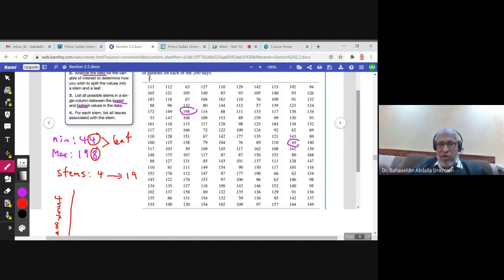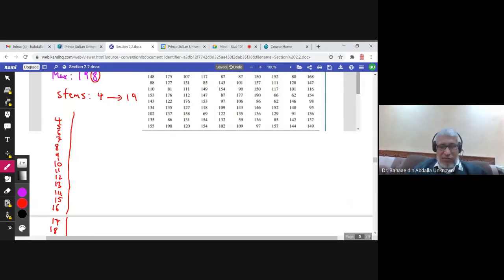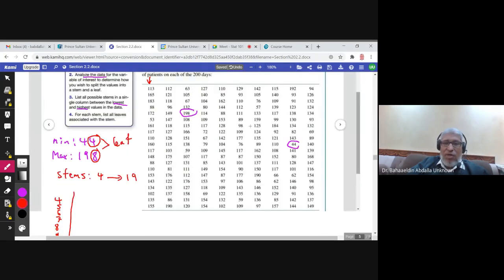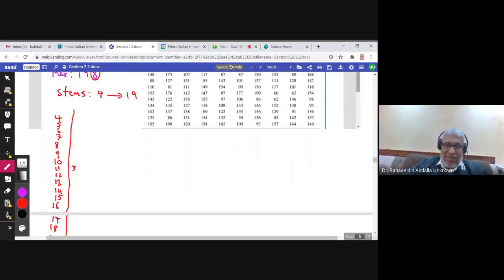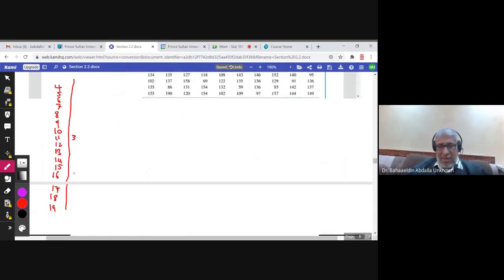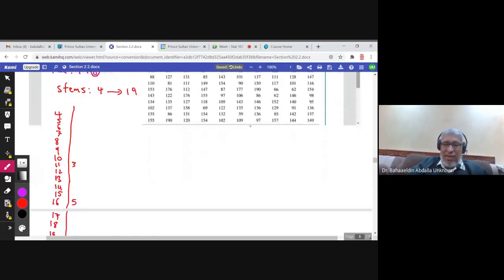The first number is 113. So what is the leaf? The leaf is 3. And what is the stem? The stem is 11. So you search for the stem. This is the stem 11. So you put the leaf here. Okay, so this number is 113. Now 165. Stem is 16, and you put the leaf here. 183.